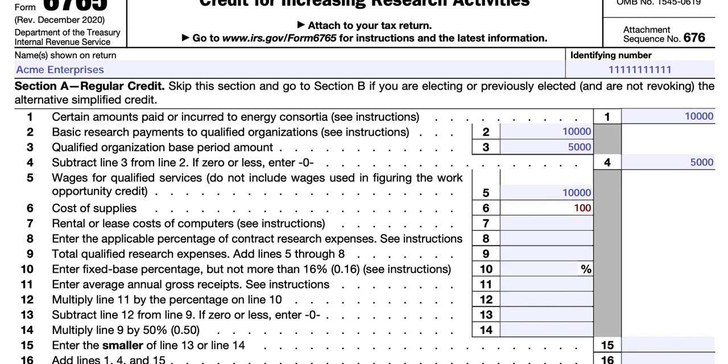Cost of supplies, $10,000. Rental or lease costs of computers. So to the best of my knowledge, this would indicate something like mainframe access. If you're a company that's leasing computers for qualified research, the computer in question cannot be on the premises of your company, and your company cannot be the primary user or the operator of the computer.